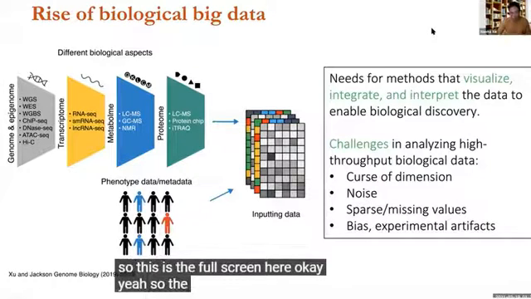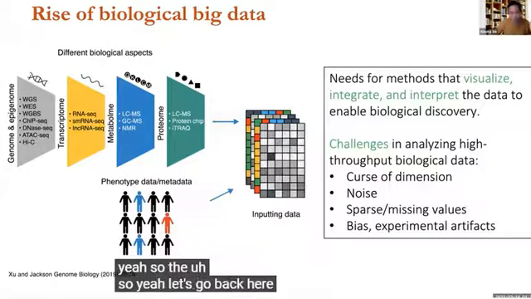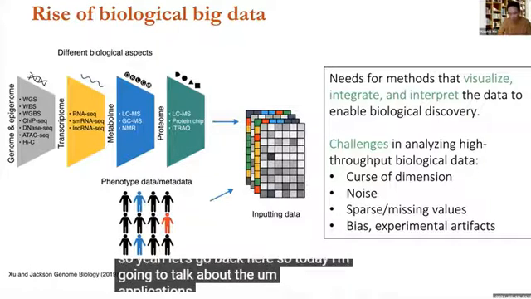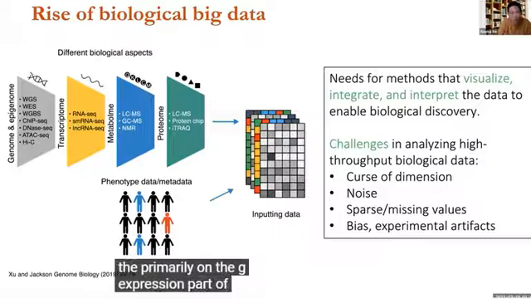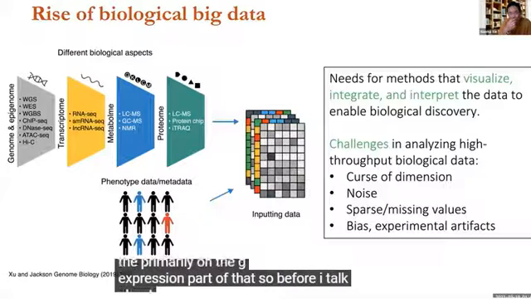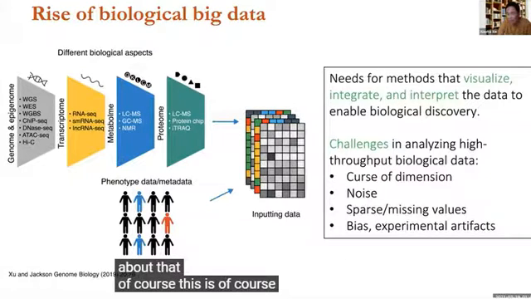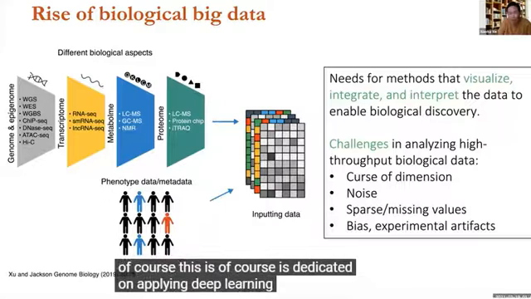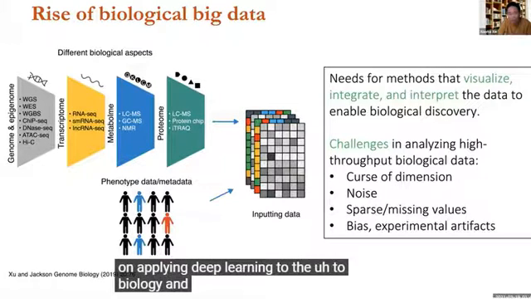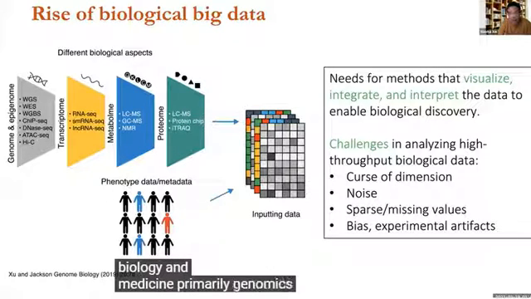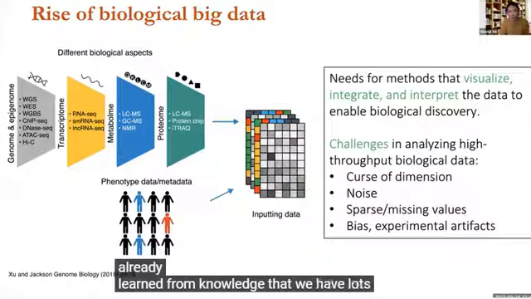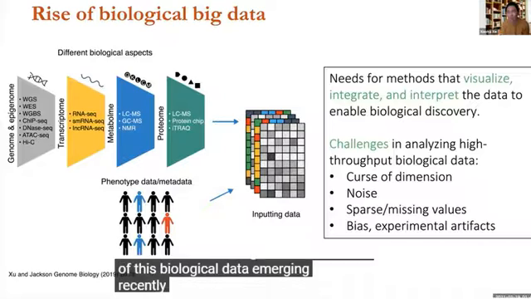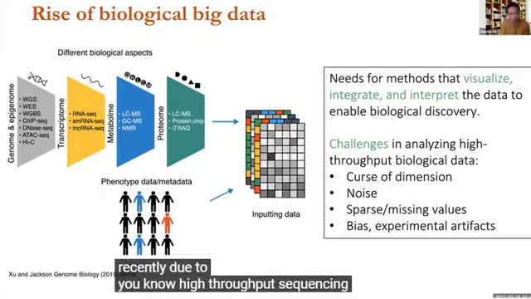Okay, yeah. So let's go back here. So today I'm going to talk about the applications of deep learning primarily on the gene expression part of that. So before I talk about that, of course, this course is dedicated to applying deep learning to biology and medicine, primarily genomics. And as you already learned from Manoli, we have lots of this biological data emerged recently due to high throughput sequencing technologies.